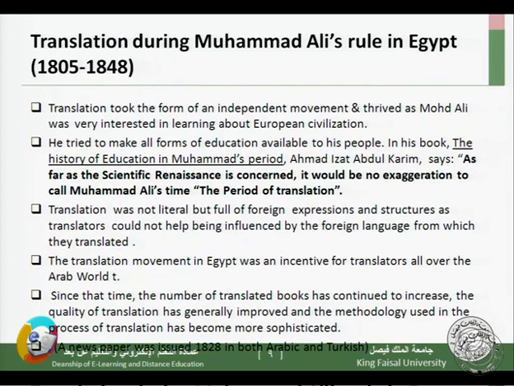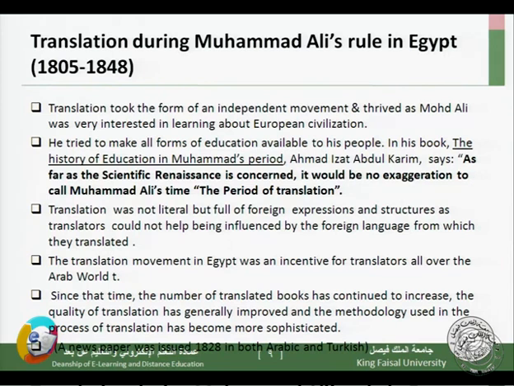Now, somebody called Ahmad Izzat Abdul Karim, in his book about the history of education in Muhammad Ali's period, said that as far as the scientific renaissance is concerned, it would be no exaggeration to call Muhammad Ali's time the period of translation.